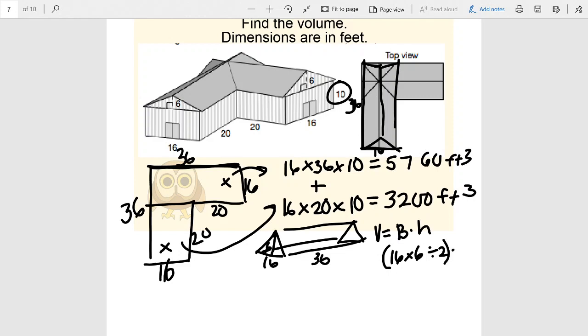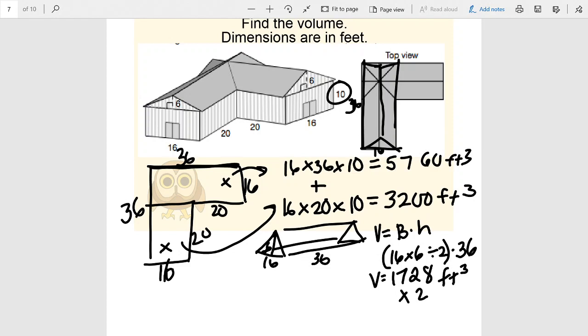Then we're going to multiply by our height of 36. Remember, height in this case of the actual prism. So when we actually figure out the volume of each of those, we end up saying that it is 1,728 feet cubed for each of those, but I have 2 of them, okay, 2 of these prisms. So I get a total volume of, let's see, 1728. I didn't actually work that out. You can work that out in just a second.